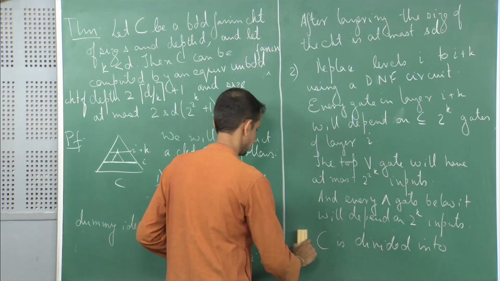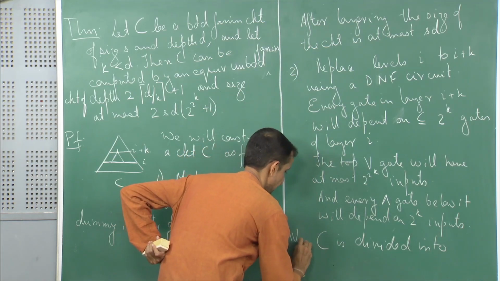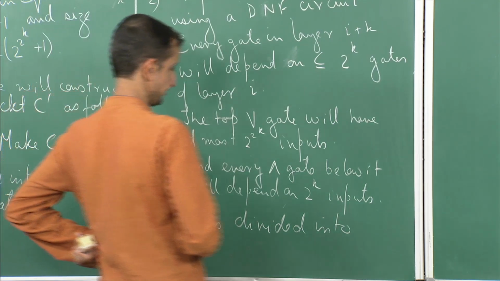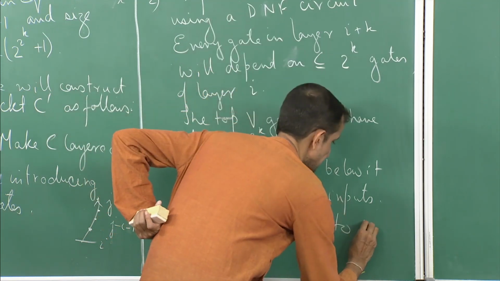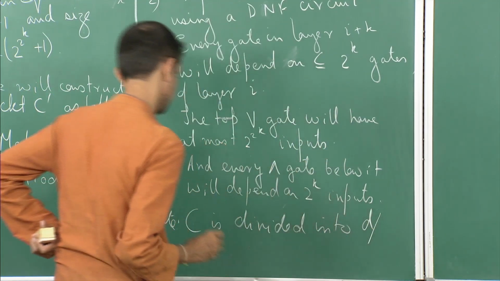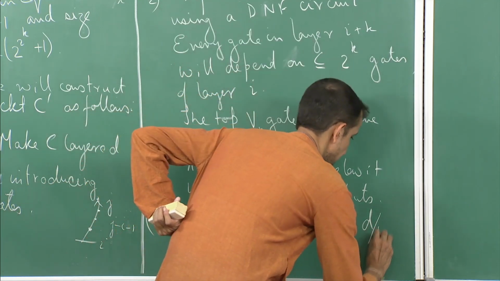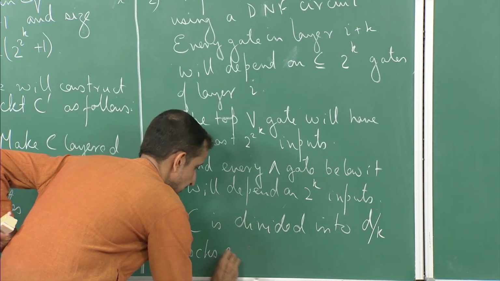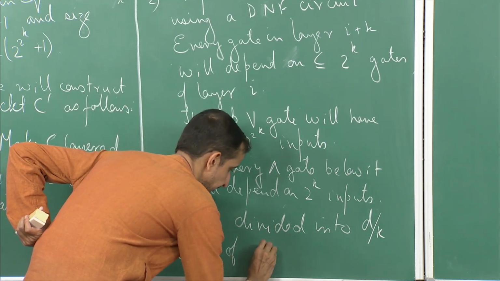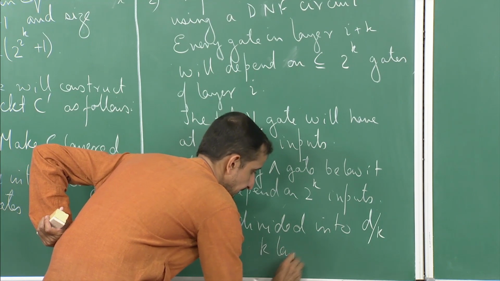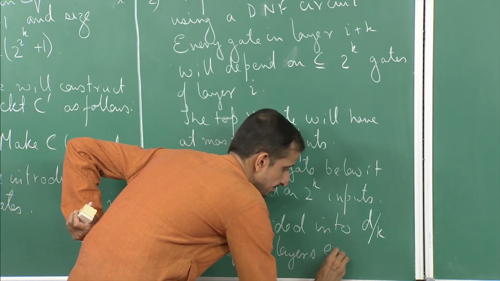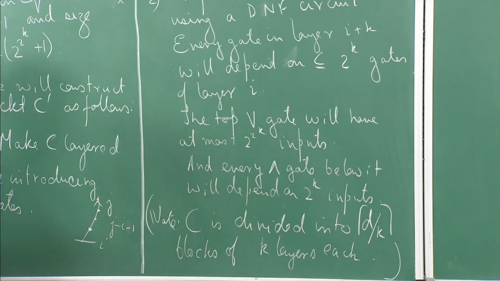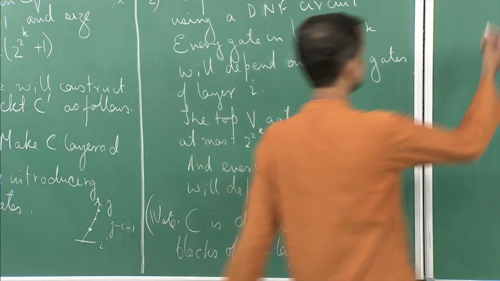In fact this is not a tree exactly, let me write this as a note. C is divided into D by K blocks of K layers each. Pictorially, this is what it looks like.